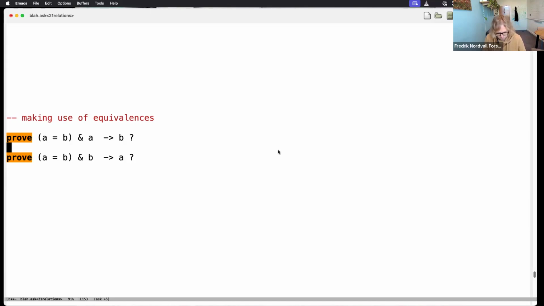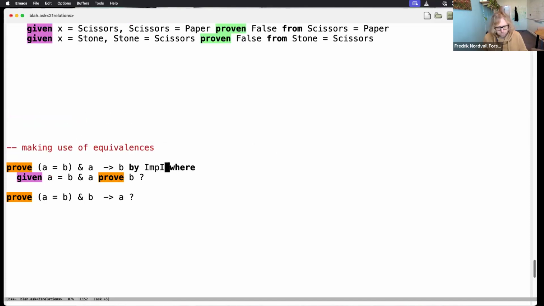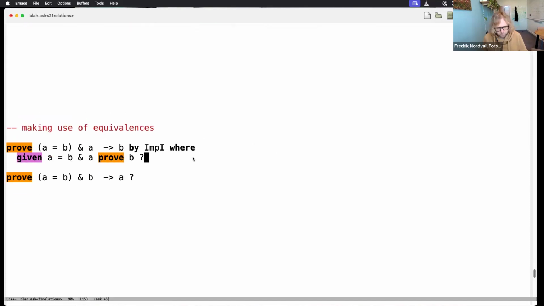Nonetheless, let's get on and prove them. So this is an implication. So free hit, do implication introduction, and then for another free hit, just split this pair apart.